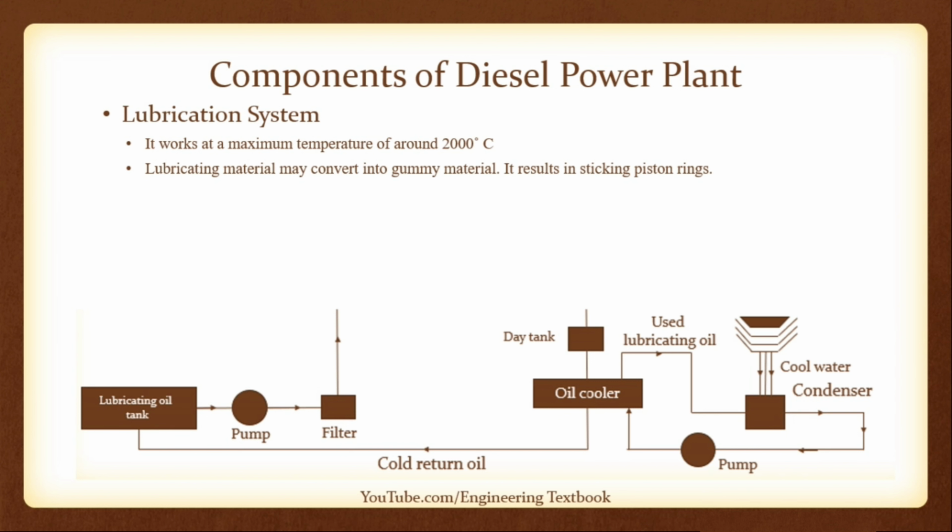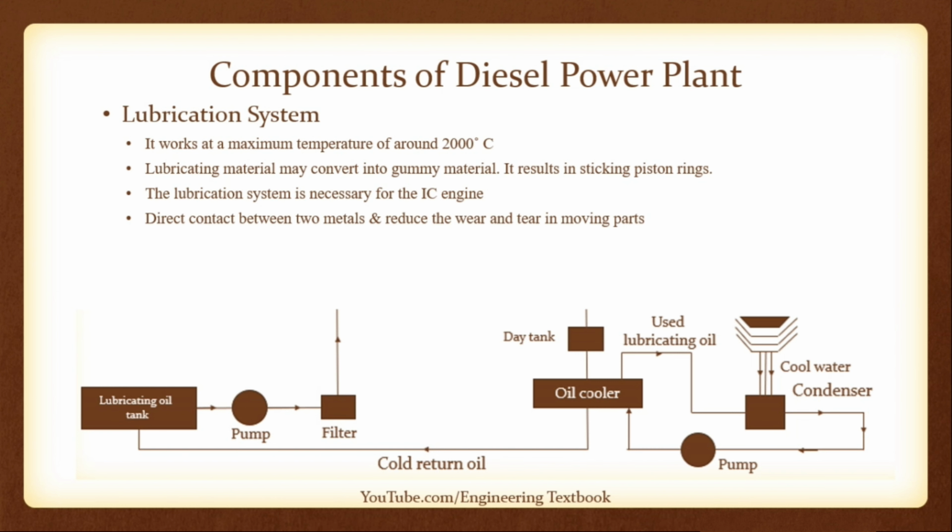The engine running on high load conditions will cause friction loss if the lubrication system fails. Therefore, the lubrication system is necessary for an IC engine, and it requires an adequate quantity of oil to reach all parts of the engine. The lubrication system prevents direct contact between two metals and reduces the wear and tear in the moving parts.